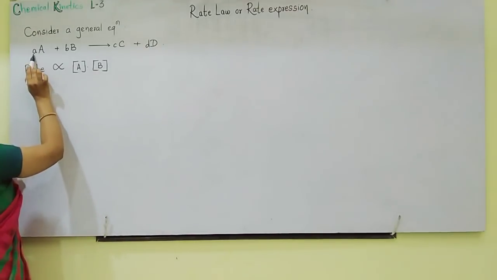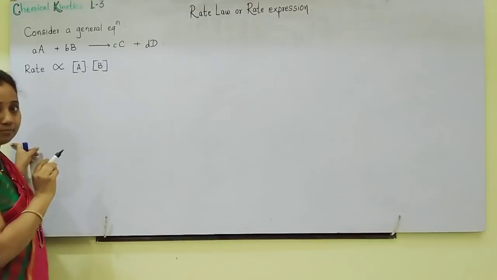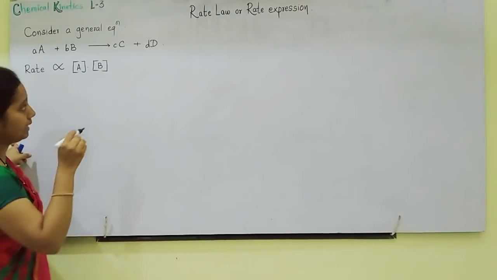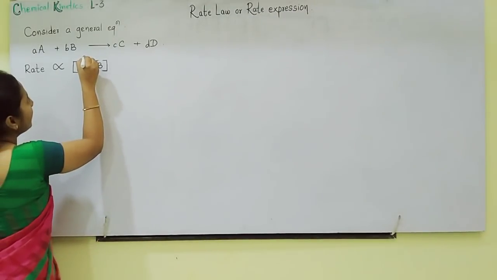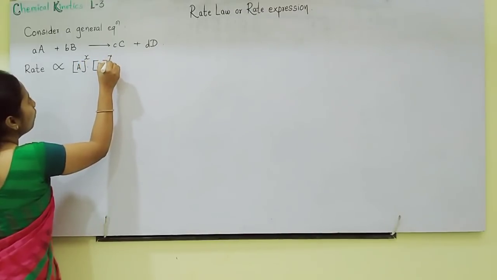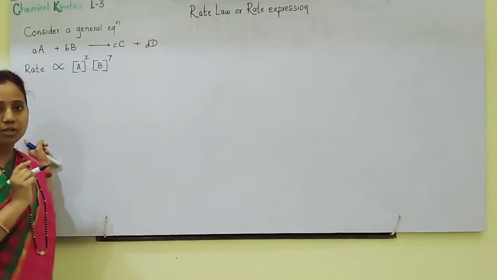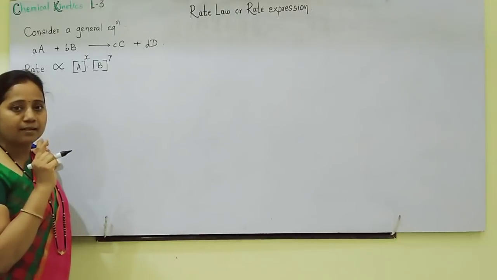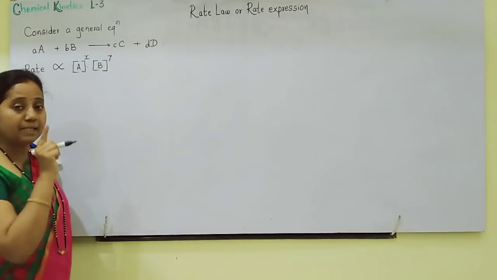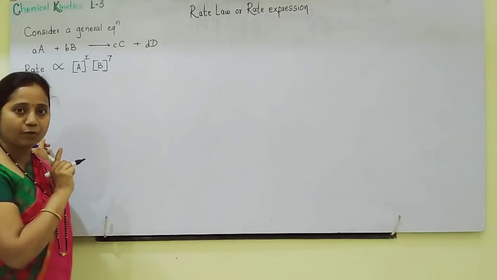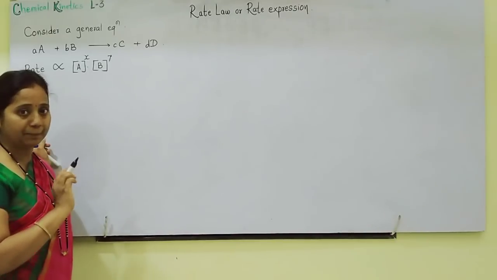But I am not writing the balancing numbers a and b. Instead, I will write the exponents x and y, because this exponent can be the same as in the balanced chemical equation or cannot be.